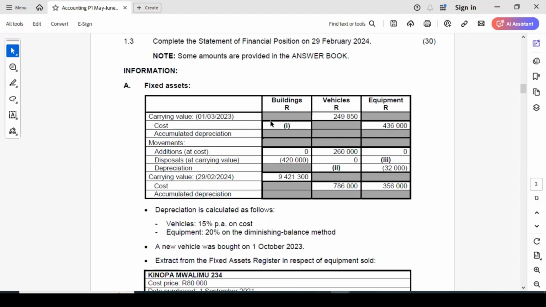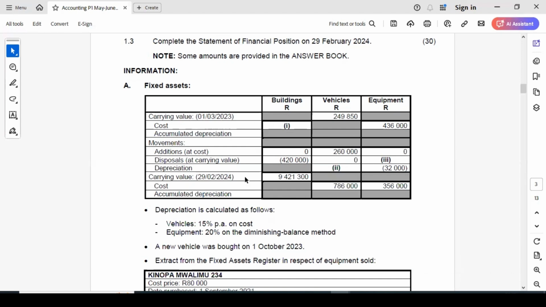We do know that to get the carrying value at the end of the year, we calculate the carrying value at the beginning of the year, plus additions if there are additions, minus disposals if there are disposals. Now we don't have the cost at the beginning of the year.